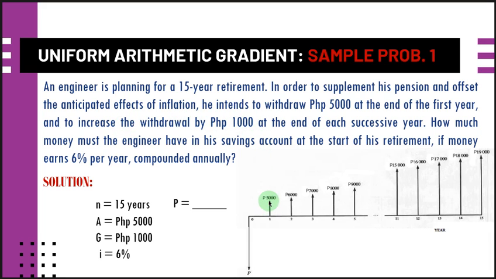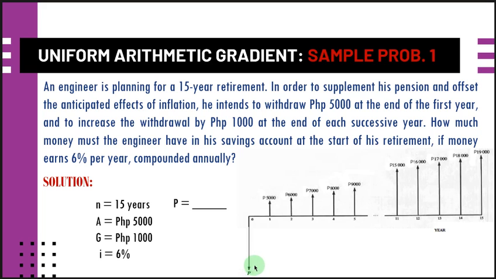So 5,000, then 6,000, 7,000, 8, 9, until the 15th year, in which it is equal to 19,000. What we are going to determine here is our value of P, which refers to how much money the engineer must have in his savings account at the start of his retirement, meaning starting from year 0.